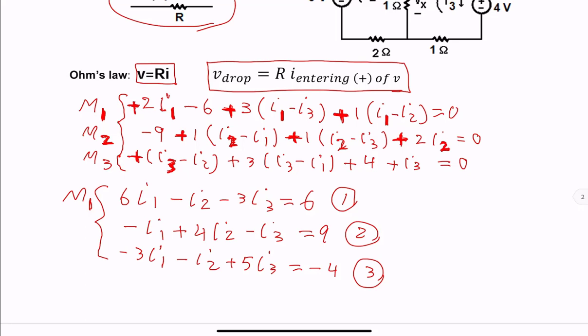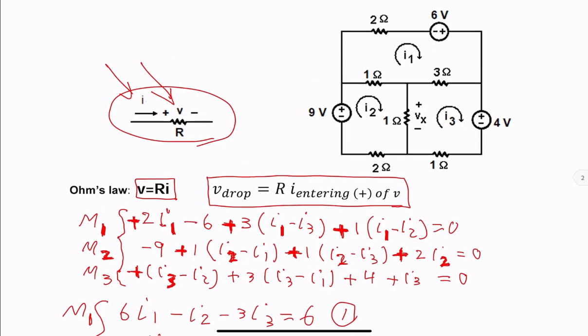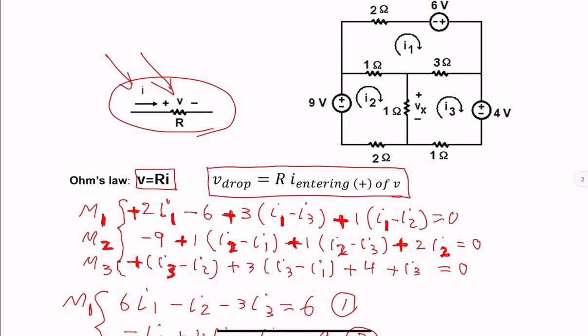Some books talk about writing these equations in the simplified form from the beginning. In other words, if you look at mesh 1, the first coefficient 6 is the summation of total resistances in mesh 1, and it's positive.